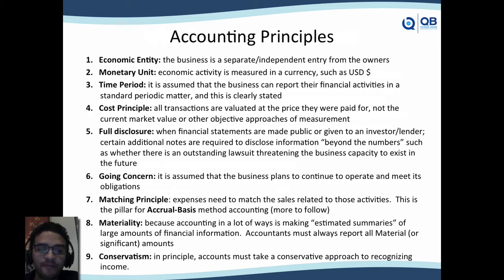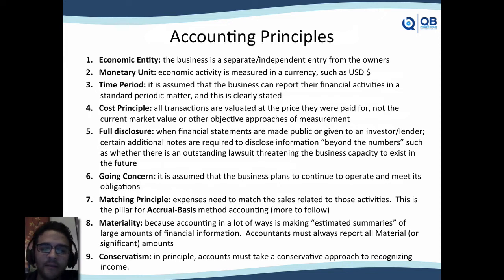Now, we also have the materiality principle, which means that in many ways, accounting is making estimates of a lot of complex transactions and a large amount of transactions. So there are some transactions that are extremely small, that don't matter, that don't move the needle, that are not going to change somebody's perception of the company if they are put in or omitted from the financial statements.